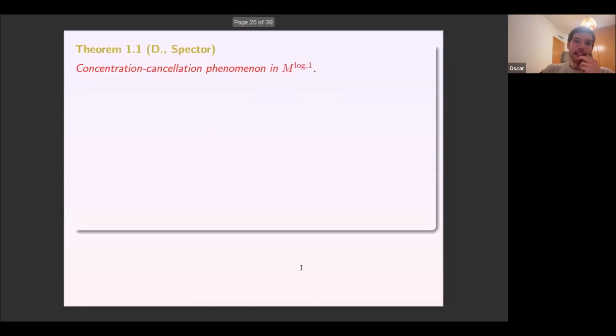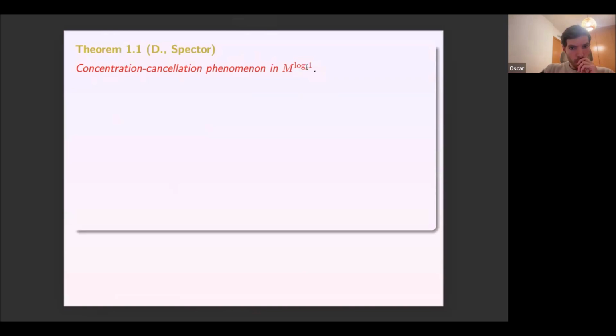This result was obtained jointly with Spector, and we obtained somehow an unexpected phenomenon: the concentration cancellation under more regularity, M log 1.